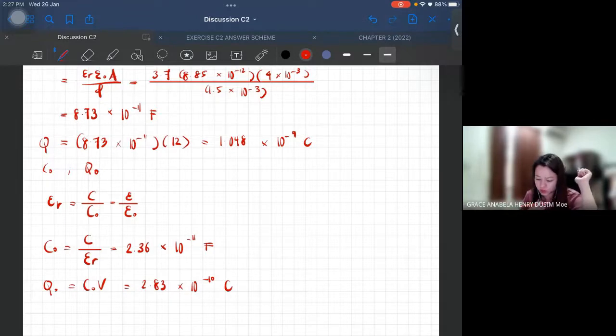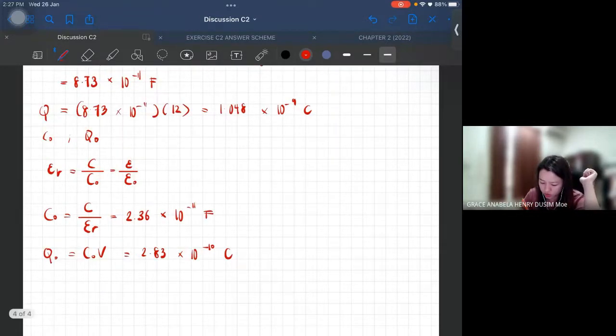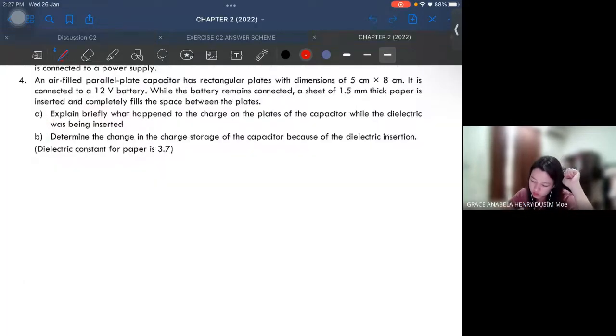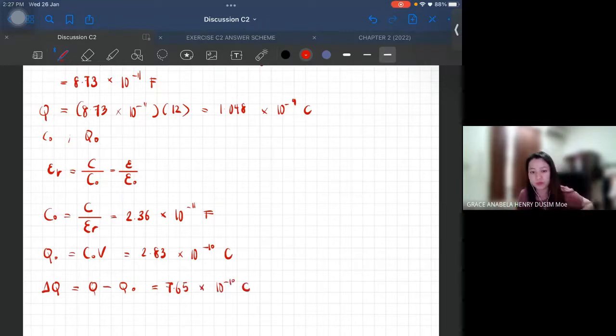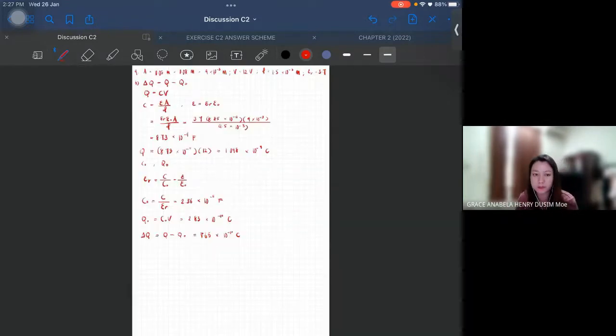So the change in the charge storage is just Q minus Q naught. Subtract them and you should get 7.65 times 10 negative 10 coulomb. This is the answer for number 4.